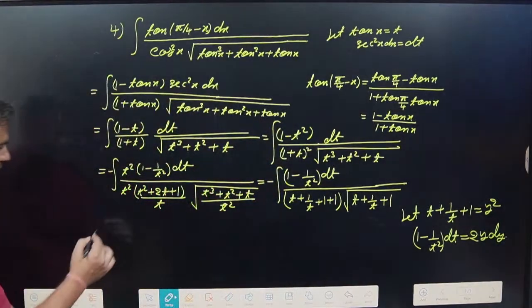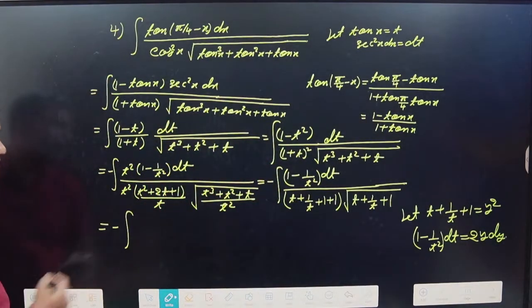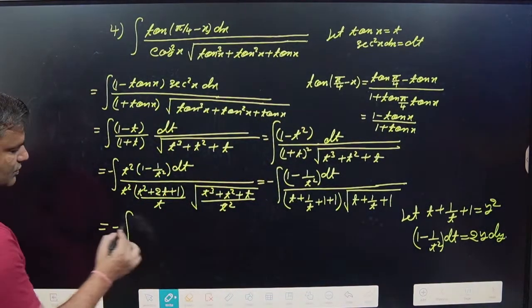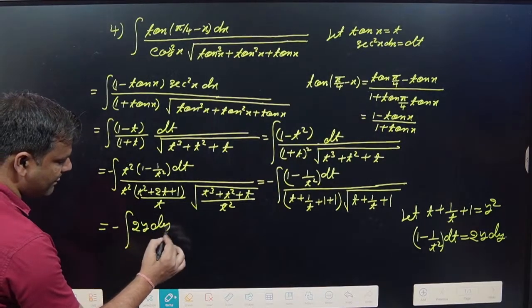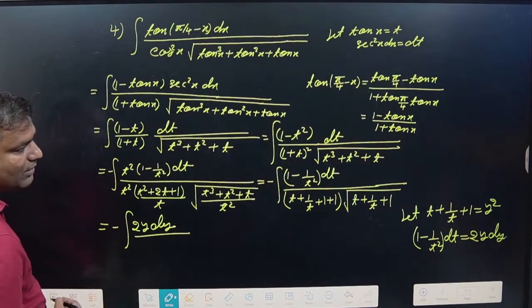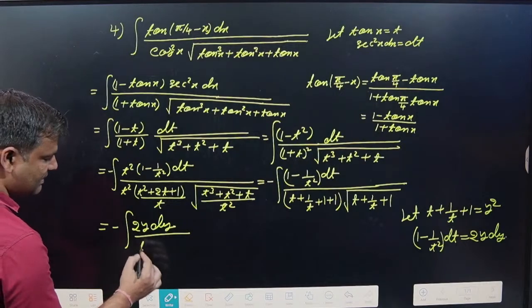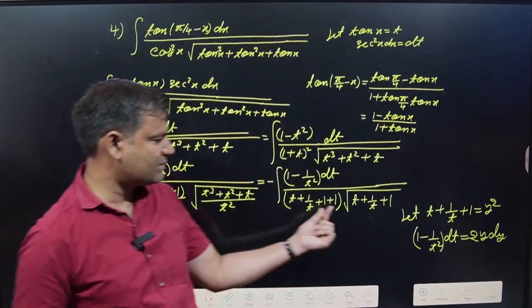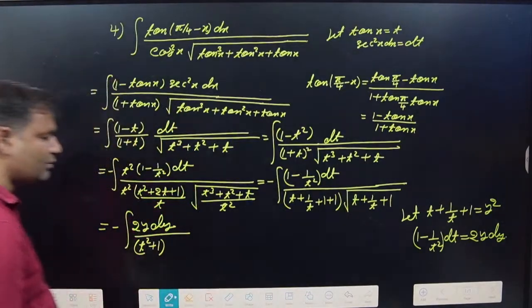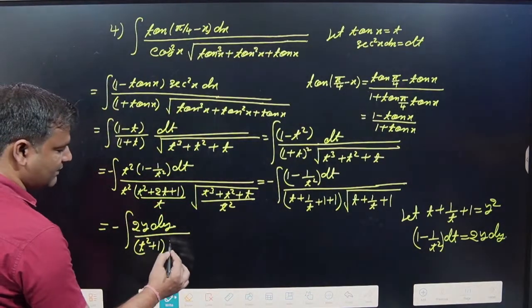So you can say minus 2y dy divided by t square plus 1, this is written as t square plus 1 into under root y, so simply y.